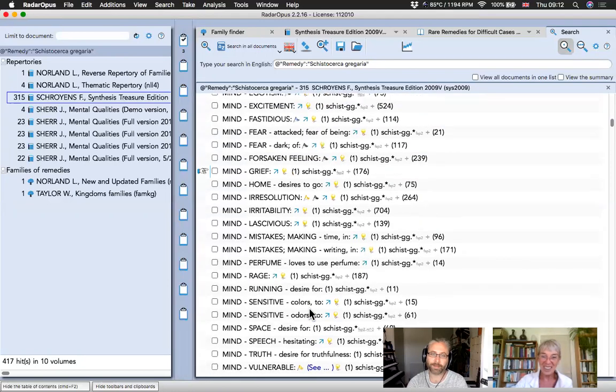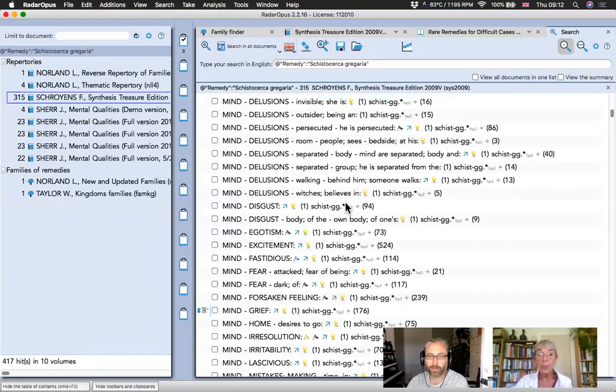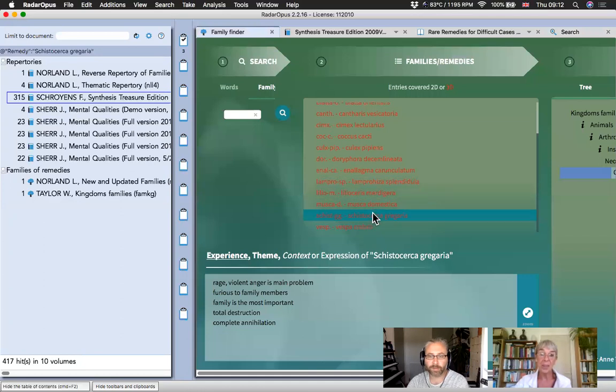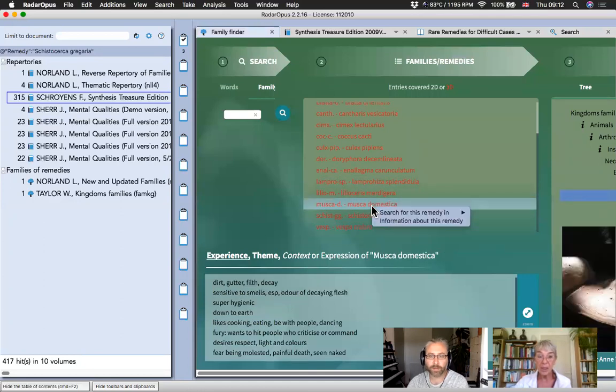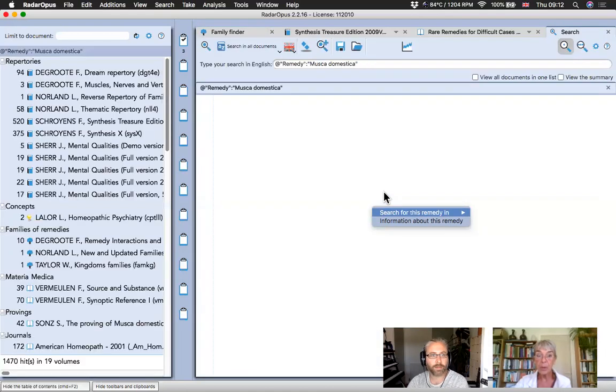Absolutely, and it's a good way to learn the repertory because you find all these smaller, peculiar rubrics when you search for a remedy, especially a newly proven remedy, and it's a good learning experience. But these are new rubrics I added, so they won't be in Opus yet. Okay. But Musca domestica surely is, so you can search in all documents for Musca domestica.